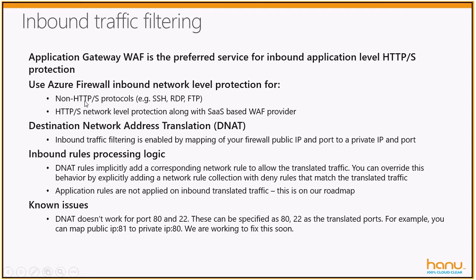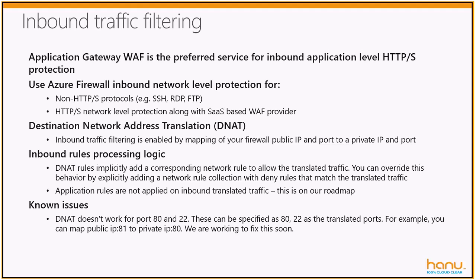Okay, and we have inbound DNAT, which is what we call destination network address translation. Whatever the inbound traffic is, you can easily translate it. Let's take an example: you have a virtual machine and you don't have a public IP associated with it, and you want to access it from the internet, and that too securely. So what you are going to do, you'll create an Azure Firewall, you'll create a virtual machine with a private IP.